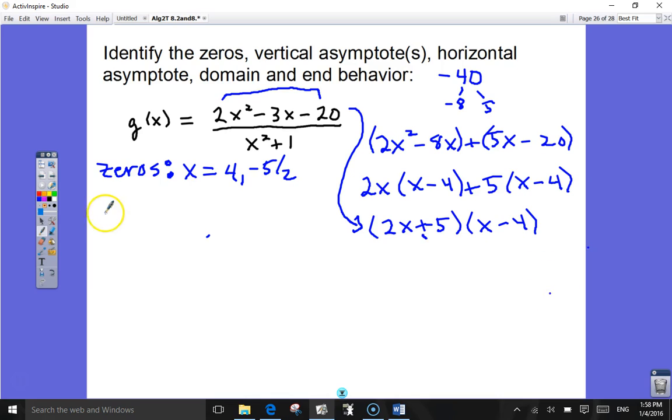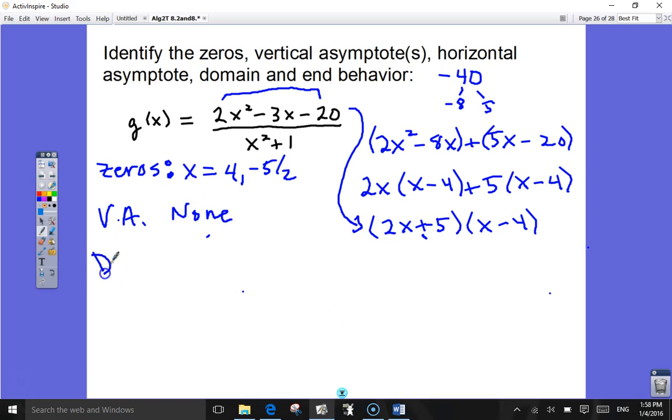Okay, vertical asymptotes. What are the zeros of the denominator? Again, it's that same pattern, x squared plus 1. What are the zeros? Emma? What's that? There aren't any. None. Good.